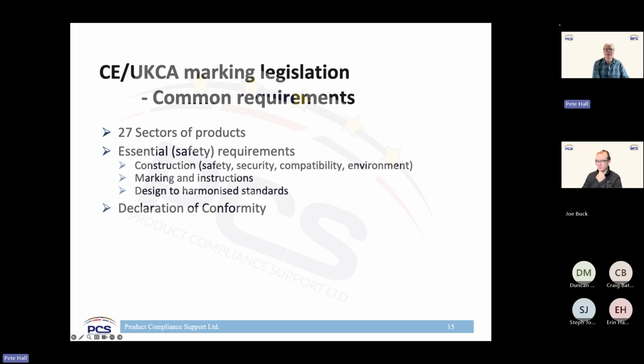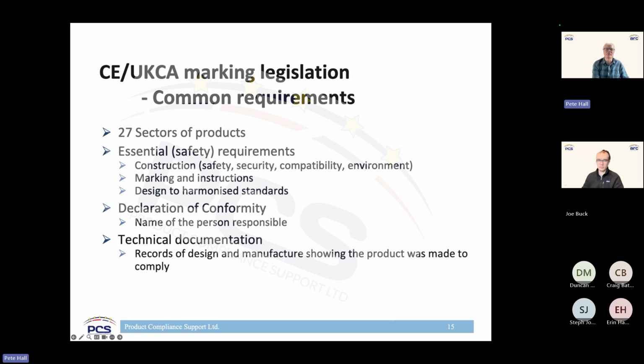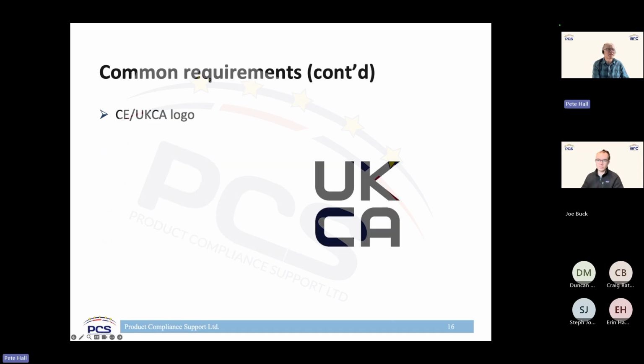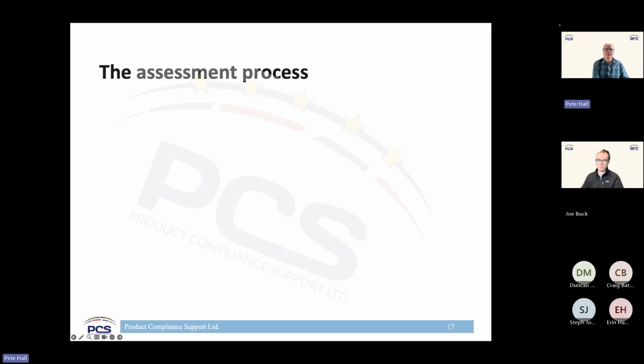So unlike the GPSR, they have declaration of conformity for CE mark products. So that's a self-certification certificate with the name of the person responsible and details on the product and the conformity assessment procedure. And like the GPSR, CE mark products also have to have technical documentation. Unlike the GPSR, there's a conformity logo, which is the CE logo in the EU and the UKCA logo as an optional alternative in the UK.